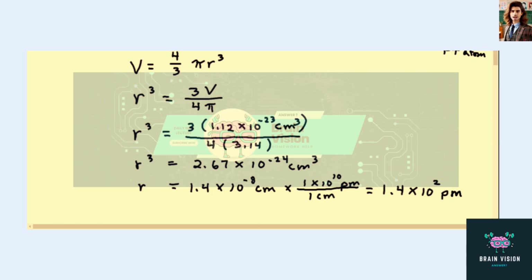And that makes sense. It's 140 picometers, which seems to be right in range with the average size of atoms. So that is our answer for part B. 1.4 times 10 to the second picometers would be the radius of a platinum atom.